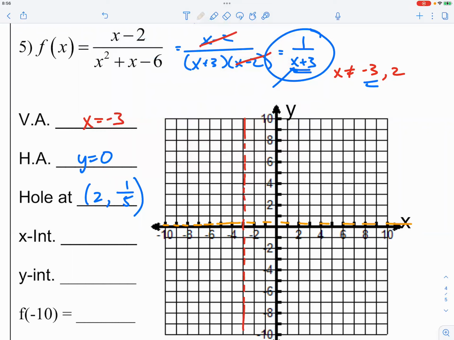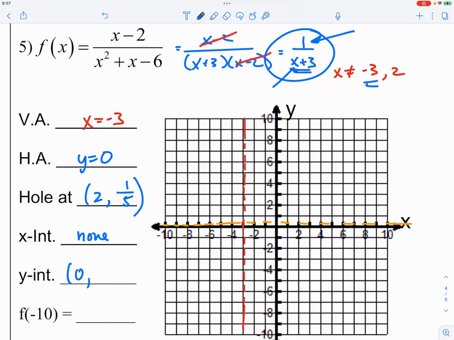And then we will look at the x-intercept, which actually there'll be no x-intercept because the numerator can't be 0. The numerator is 1, so this fraction can never be 0.